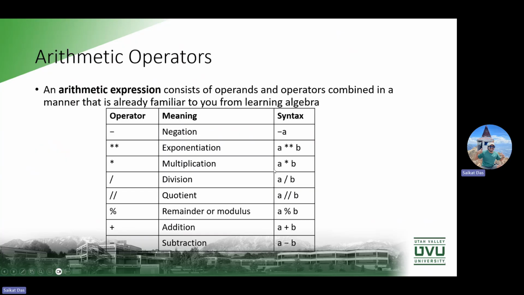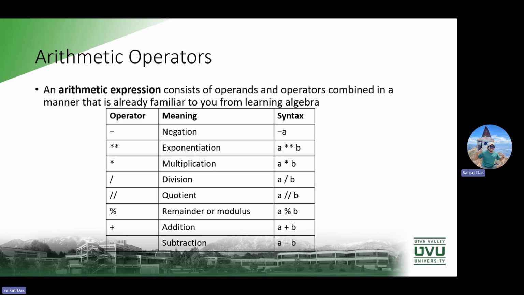Okay, first the arithmetic operators. You probably have learned those things in 3rd grade or 2nd grade school class, like addition, subtraction, division, multiplication. But here you need to know some syntax in Python: if you're using multiple asterisk signs, this is like an exponential. Exponential is like 2 to the power of 3, right?